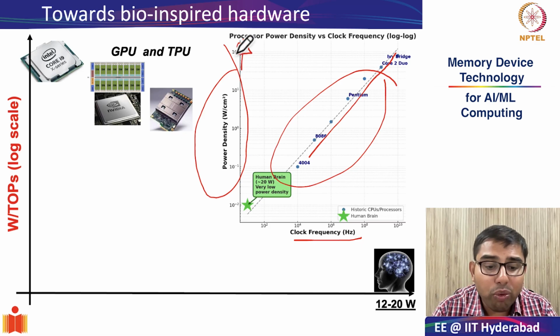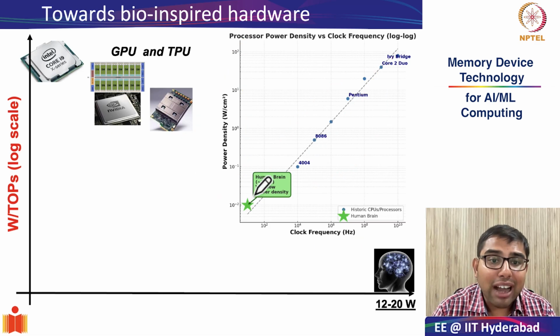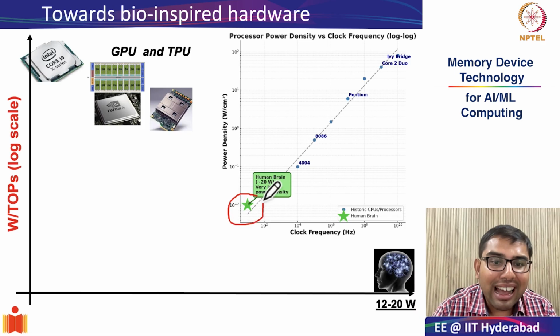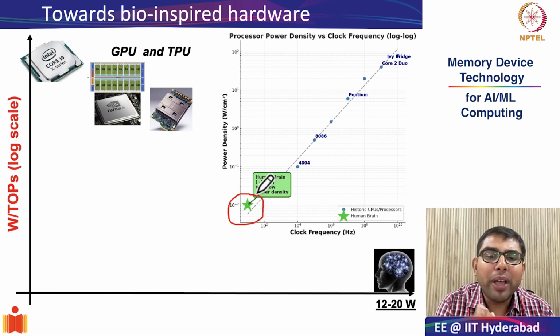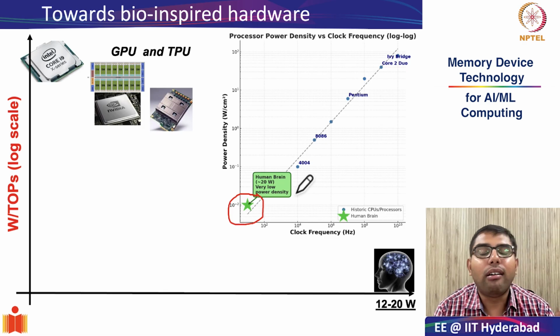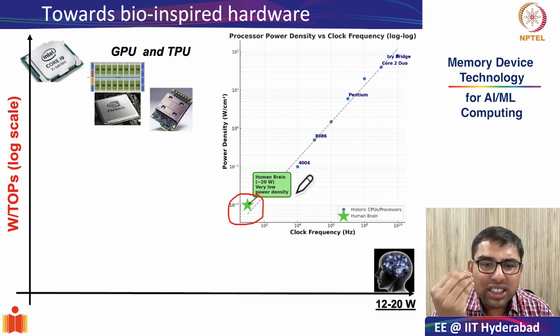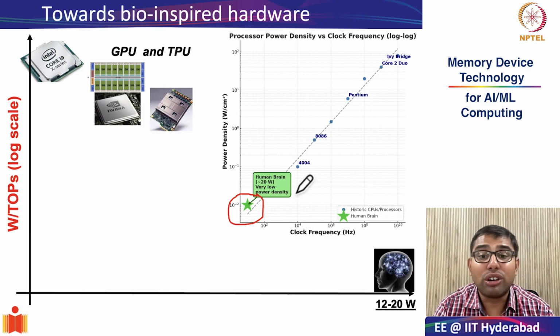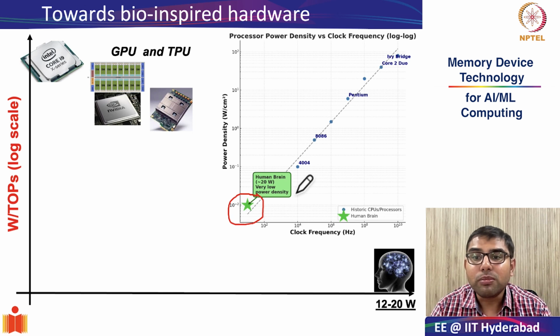This was your power wall. But if you look at where our brain is computing, our brain is consuming only 20 watts with very low power density, operating at just 10 to 20 hertz. So now the question is, how is the brain able to do that?